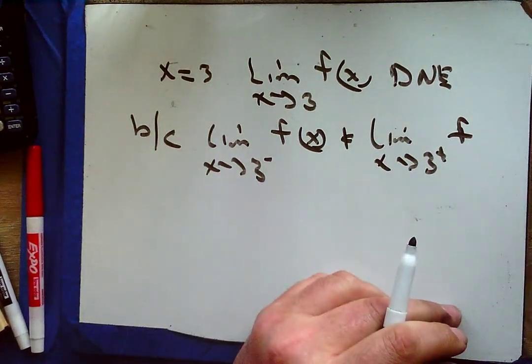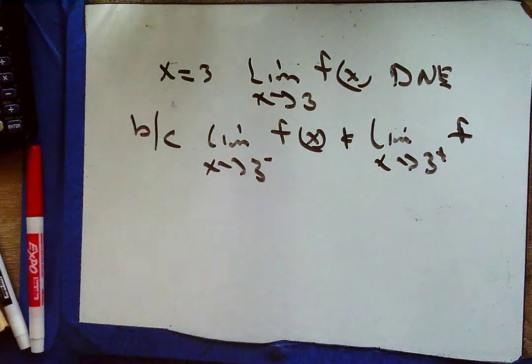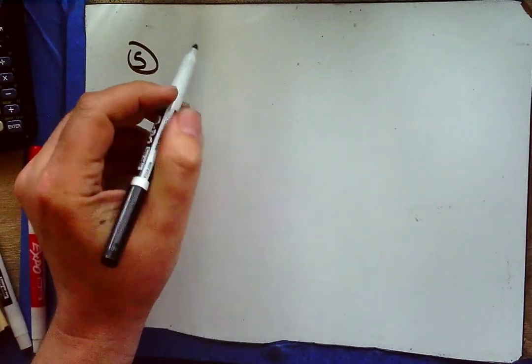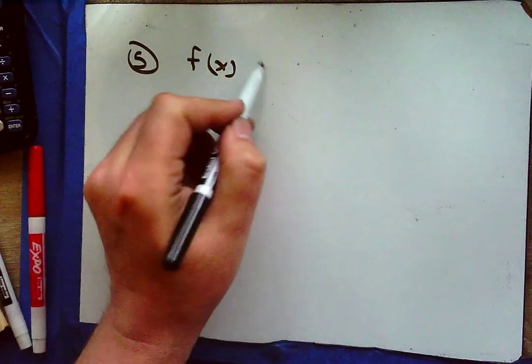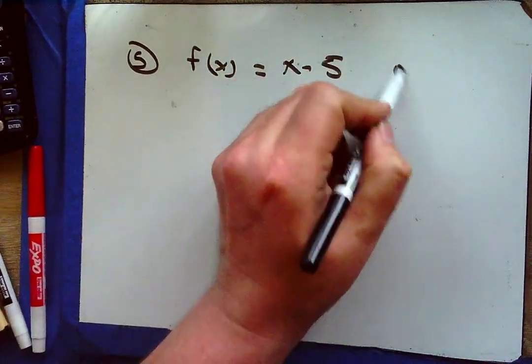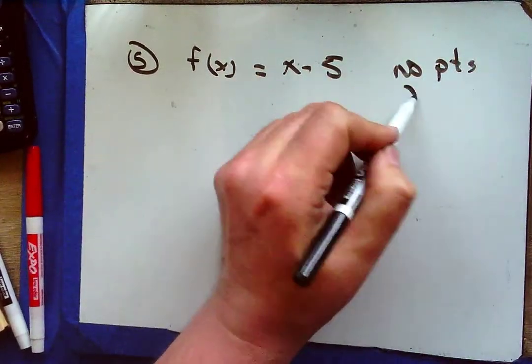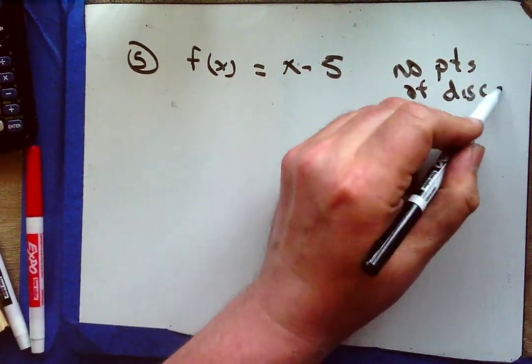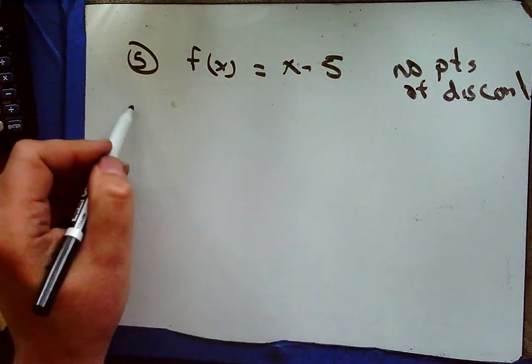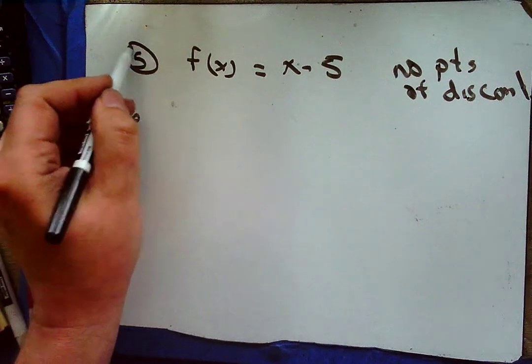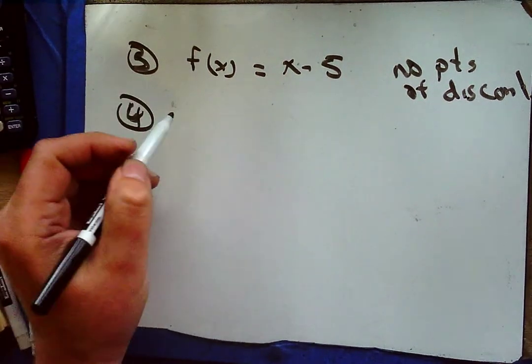All right, the next 8 problems are find points of discontinuity and state the type. Well, 3 is a linear equation. Linear equations have no points of discontinuity, so no points of discontinuity. Okay, 4.